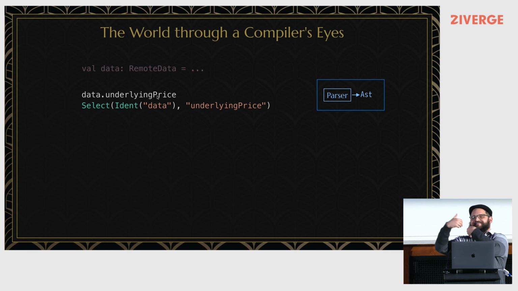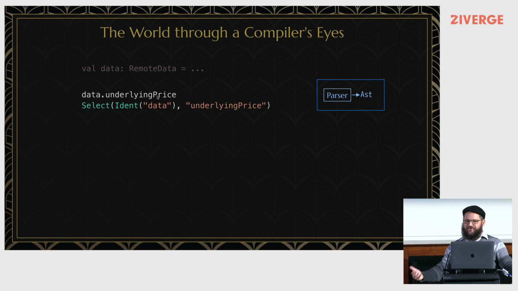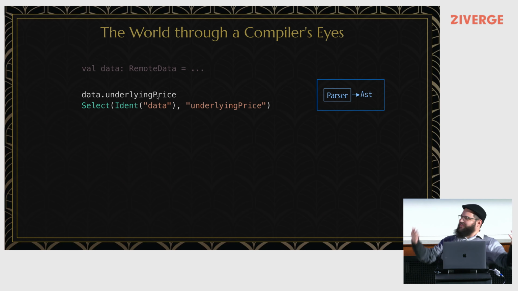And then we can select a property from that identifier. So every single time you have ever done something dot something, you have selected a property out of an identifier. This is what you actually have done.